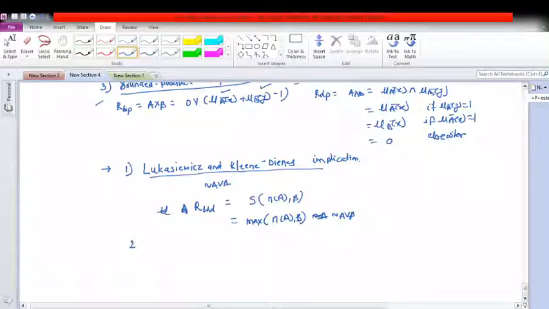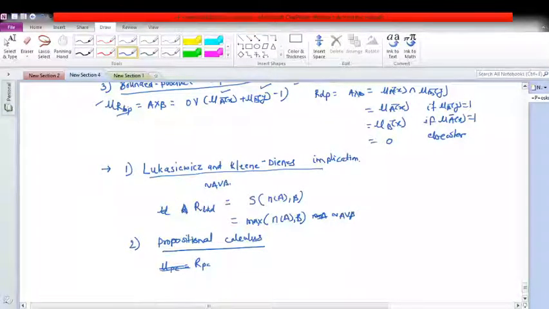The next way to compute this A entails B is using propositional calculus. Let me write RPC, and let us say R and all these are the membership functions. Let me represent it with mu RPC like this.